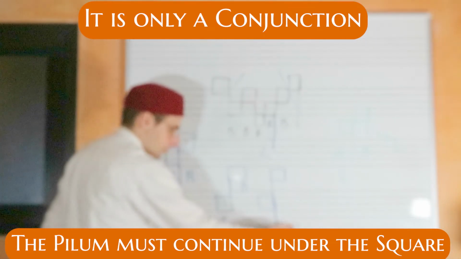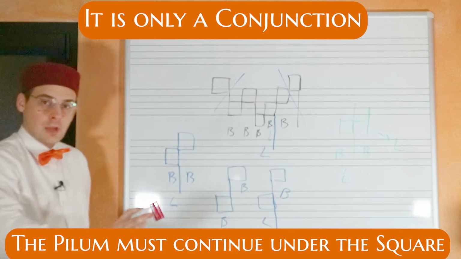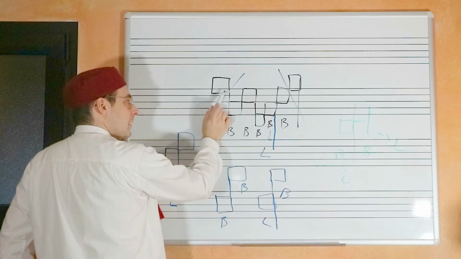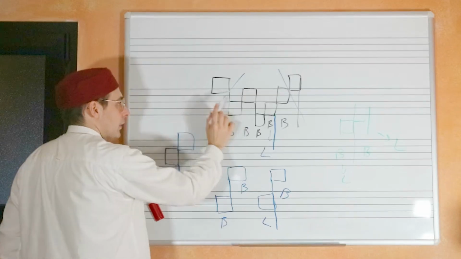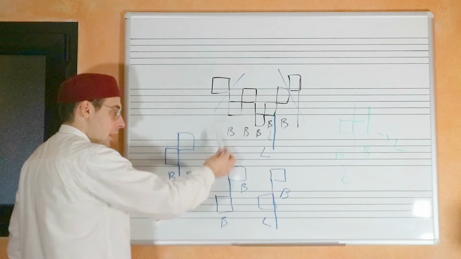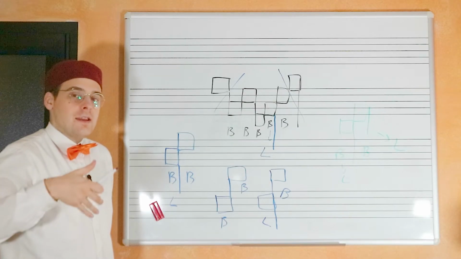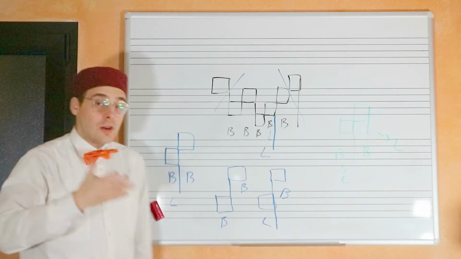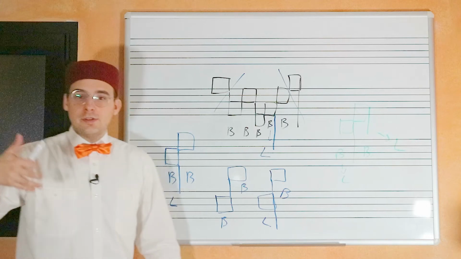This is the pilum, so this is longa brevis. For this reason, this line is not a pilum, it is a conjunction between the first and the second note. For this reason, this is a brevis. This rule of the pilum is valid for all ligatures, 2 notes ligatures and more than 2 notes ligatures.